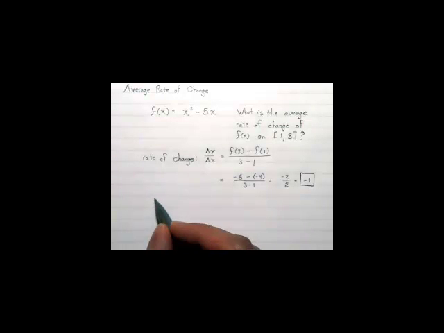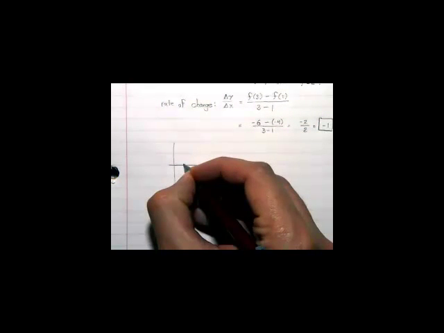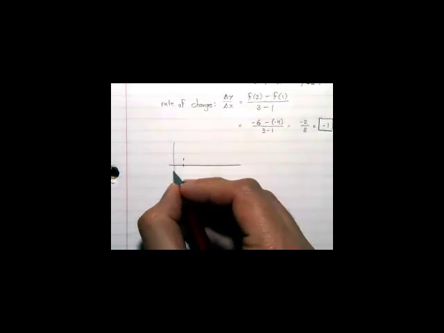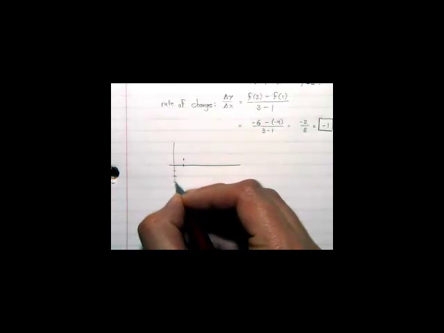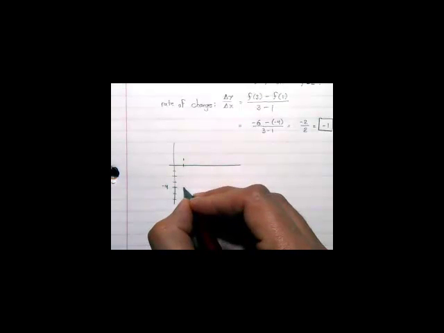Okay? So just to illustrate what we just did, just so you can see it on a graph. For this function, f of 1 we found was negative 4. Okay, so that was here.